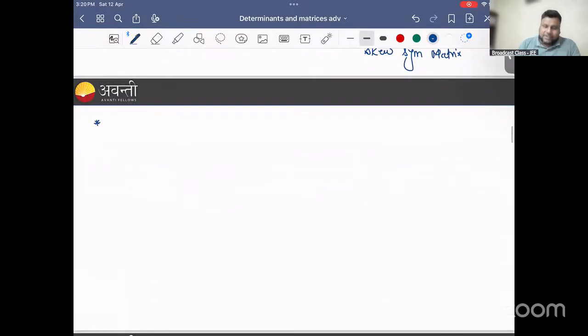Now, tell me one thing. Is there any matrix which is considered as symmetric as well as skew symmetric? Null matrix.